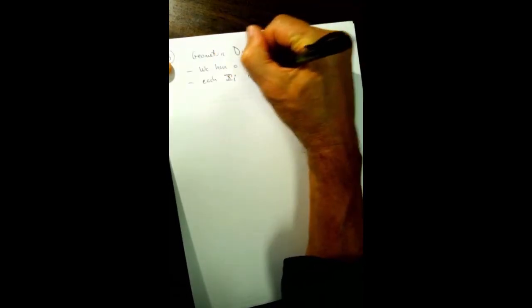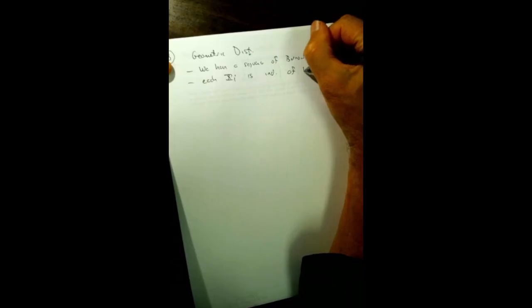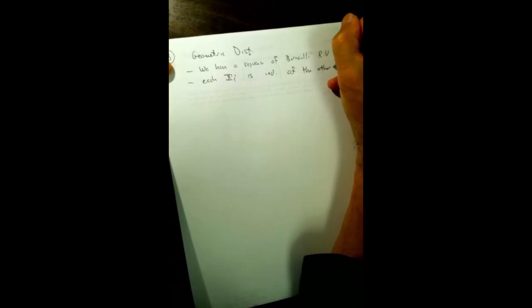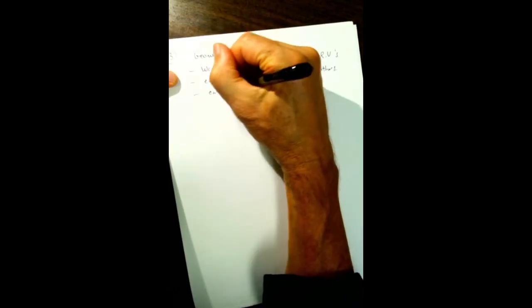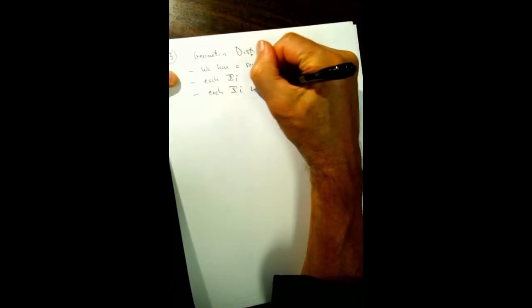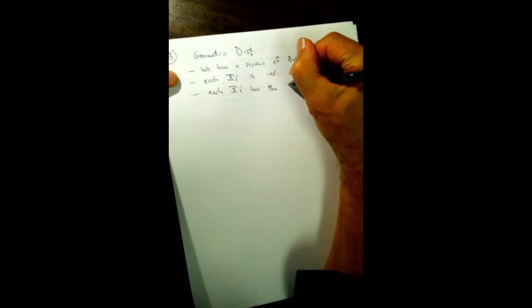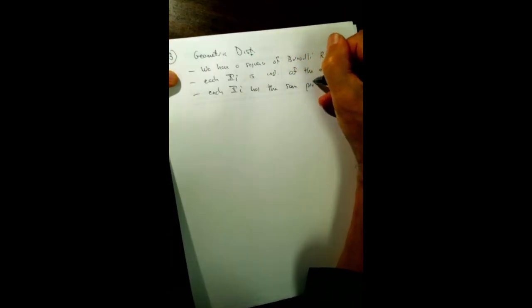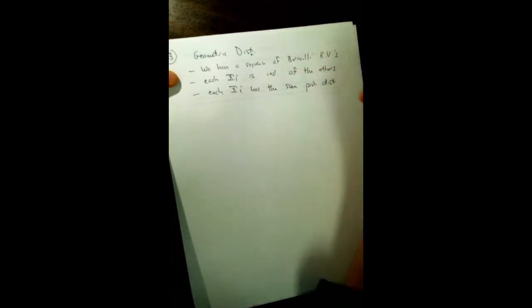I don't know in advance how many I'm going to do. I am going to assume that each one is independent of all the others, and that each one has the same probability distribution associated with it.